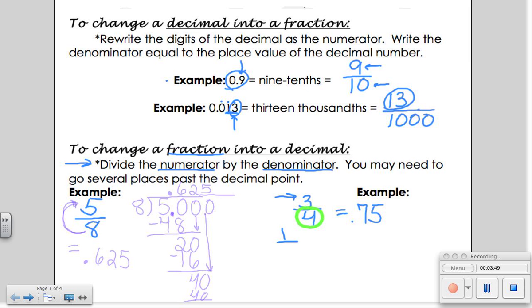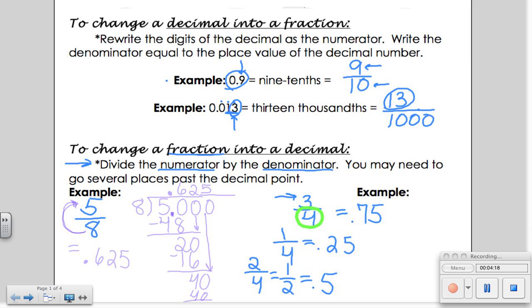If you have 1/4, 1 out of 4, 1/4 is equal to 25 cents, or 0.25. If you have 2/4, which can be reduced to 1/2, that is equivalent to 0.5.